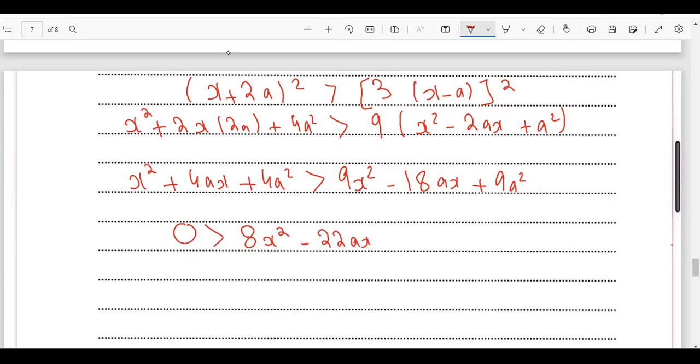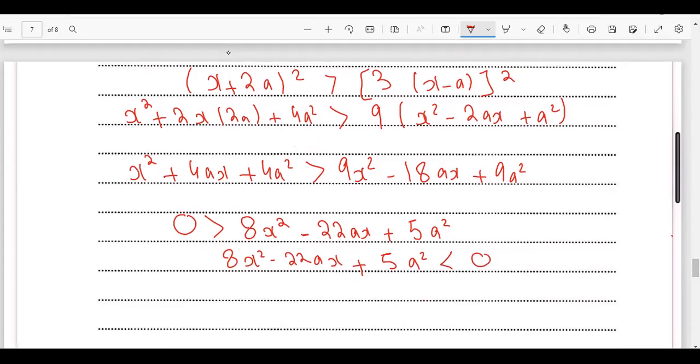And then we are going to have plus 9a squared minus 4a squared. So that would give me plus 5a squared. So I'll rewrite it down. 8x squared minus 22ax plus 5a squared is less than 0. Okay, this is my quadratic equation.